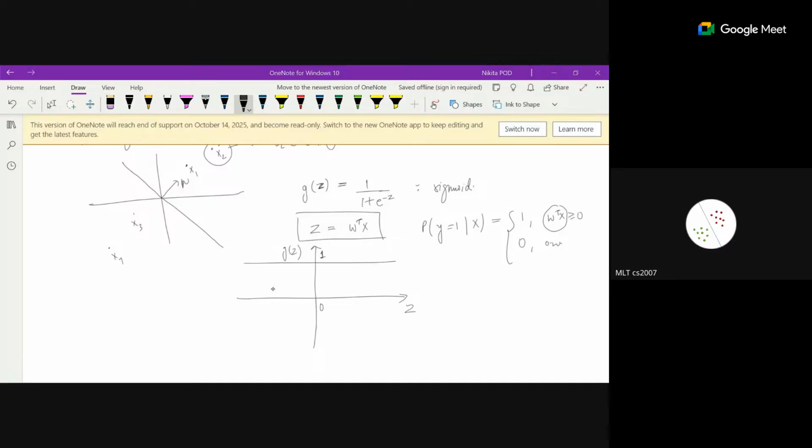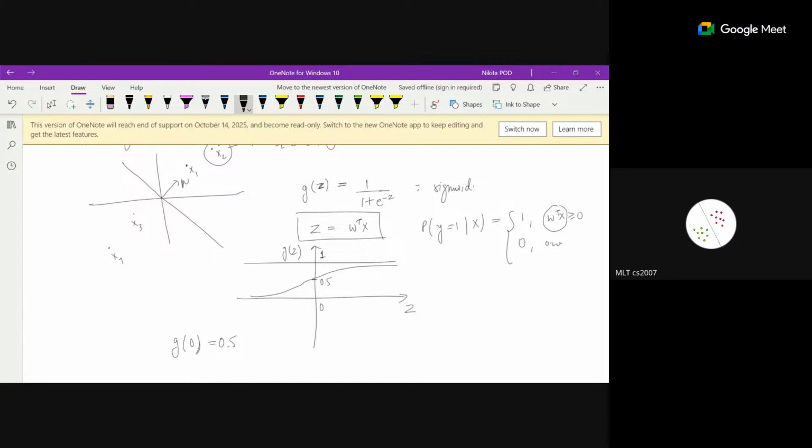You get an S-shaped function. So this is 0.5, and g of 0 is going to be 0.5.